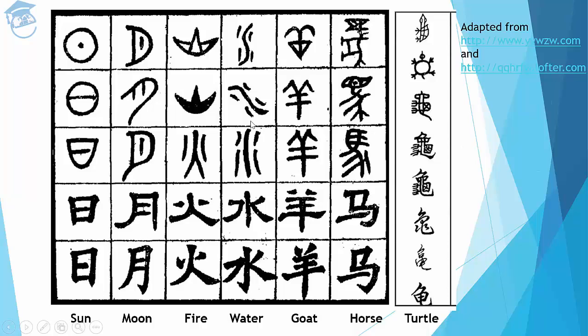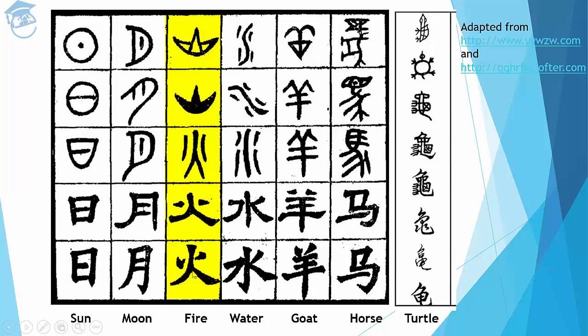I'm just going to show you more characters here so you have a better feeling of Chinese characters. So here we have sun, and initially it looks like this one, and then slowly it moves to this. Then this one is moon, and you can see this is the half moon here. And then we have fire, so you can imagine that it's a bonfire.